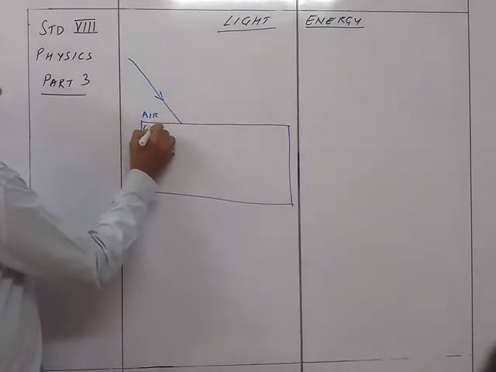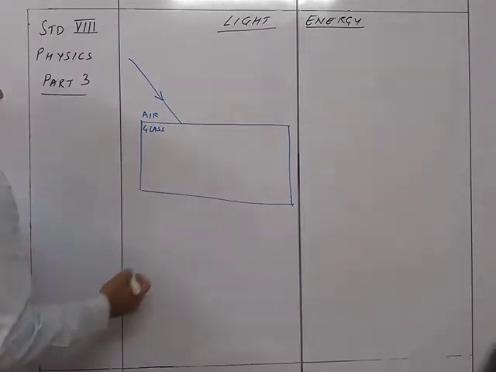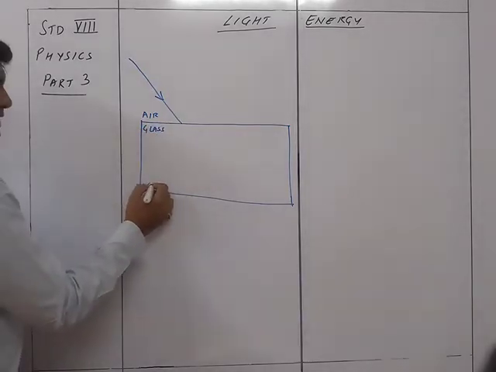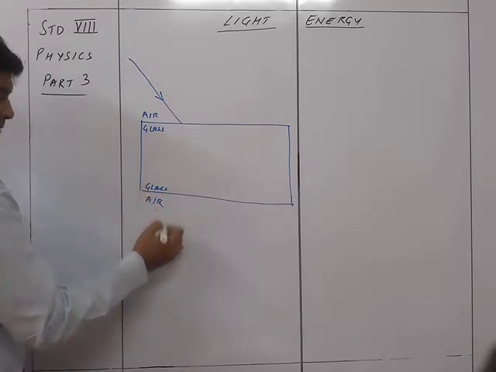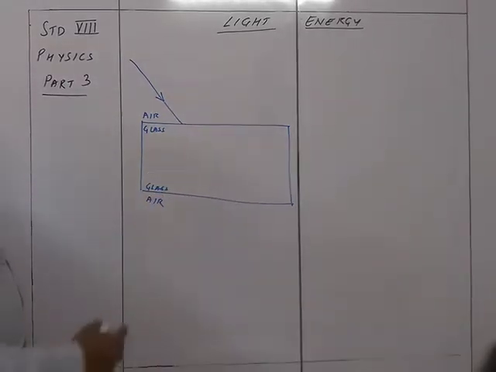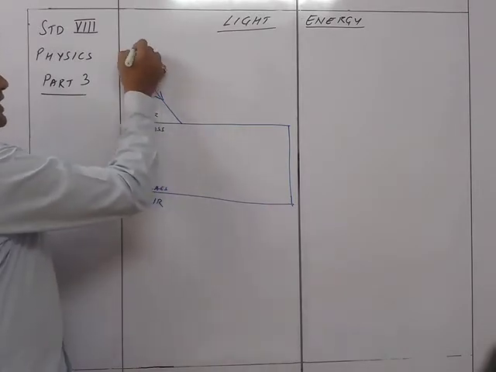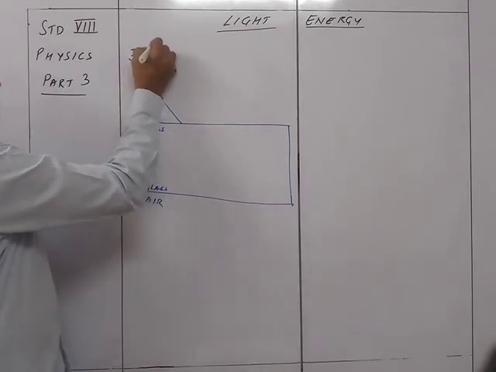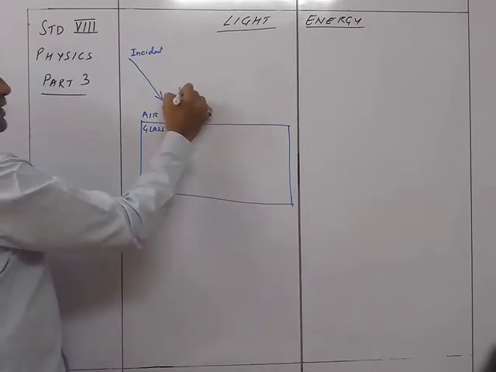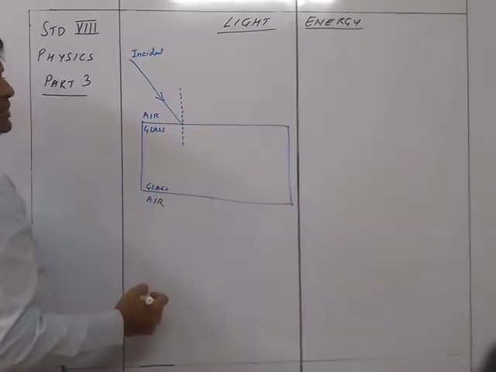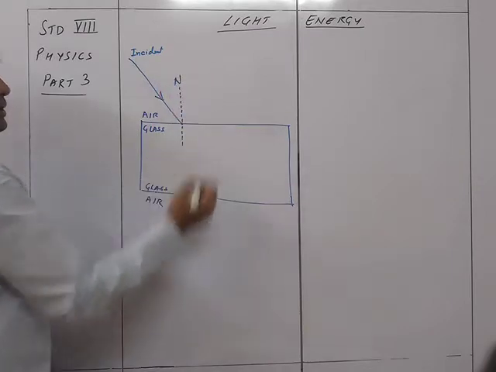It's a rectangular glass, so this is glass. Similarly, this is glass and this is air, right? This is my incident ray, and this incident ray is falling at this particular point of incidence. If I draw a perpendicular over here, this is my normal.